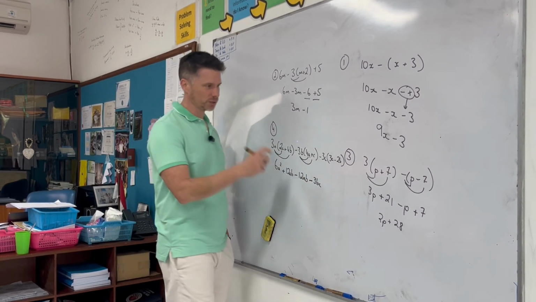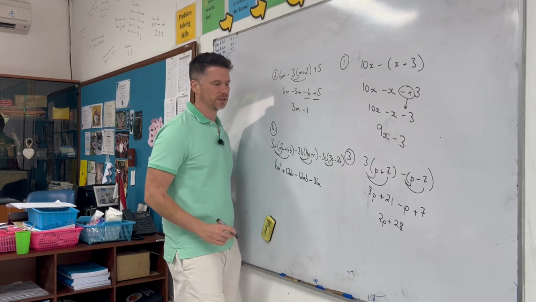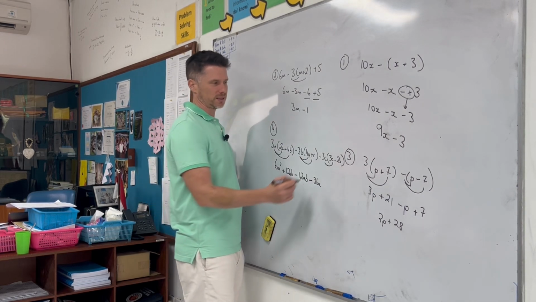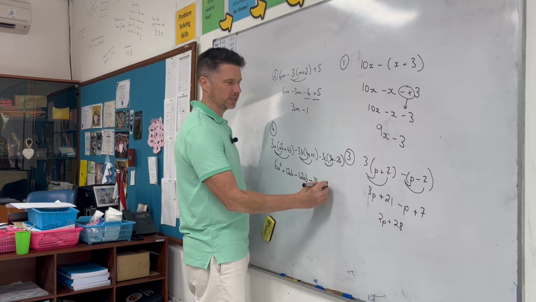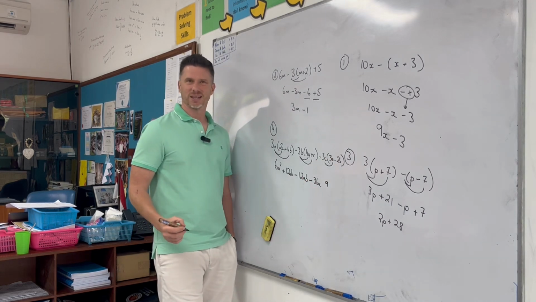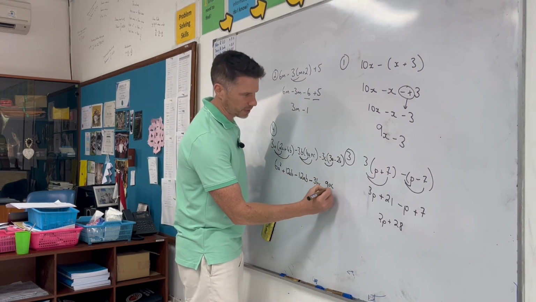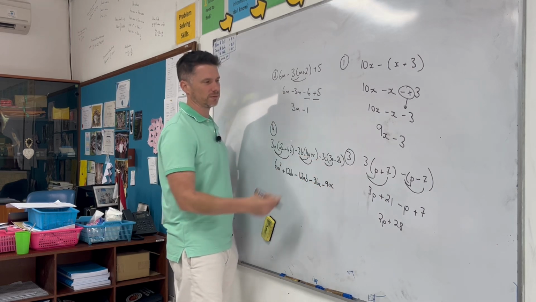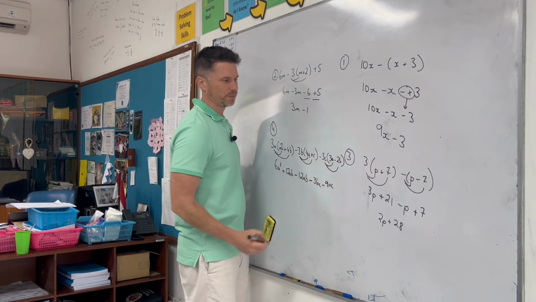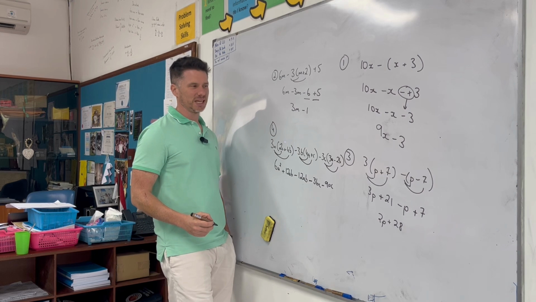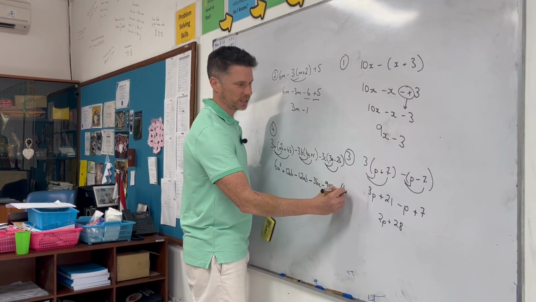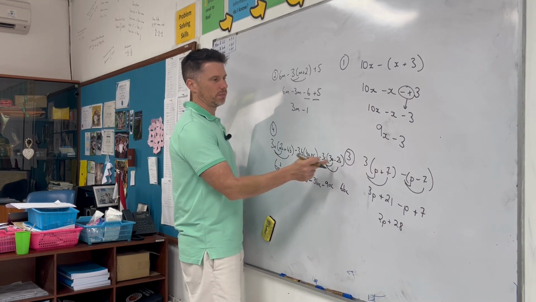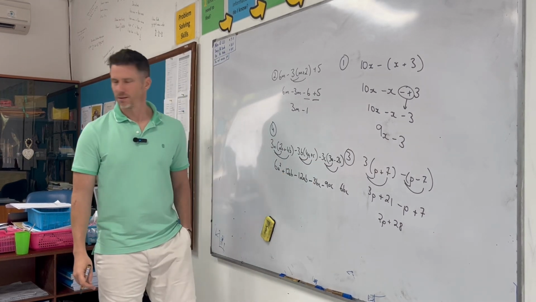All right, next one. We've got this times this. That's a c and that's an a. 3 times 3 is 9, yes? 9ac. And negative, yeah, because that's a negative. And our last one is, well, 3c times 2b. 6bc, minus minus, plus.